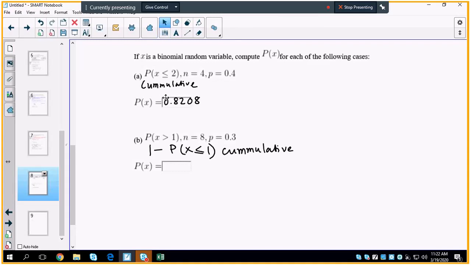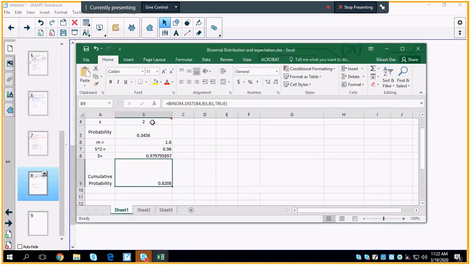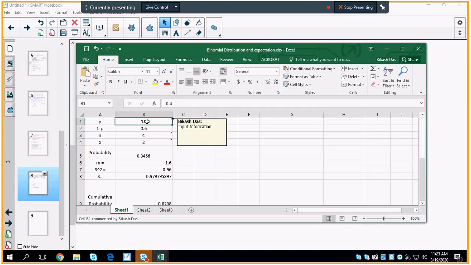But what I do is find the cumulative probability for the number of successes being 1 and subtract it from the total 1. So number of trials is 8, probability of success is 0.3. So we'll change it accordingly. 0.3, number of trials is 8. And I want the cumulative probability for 1.